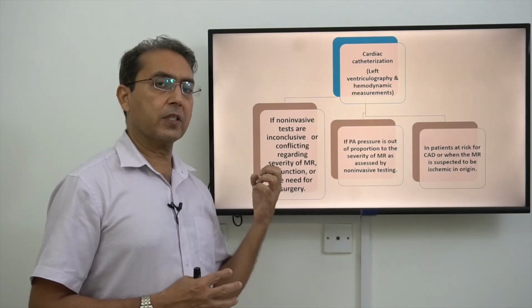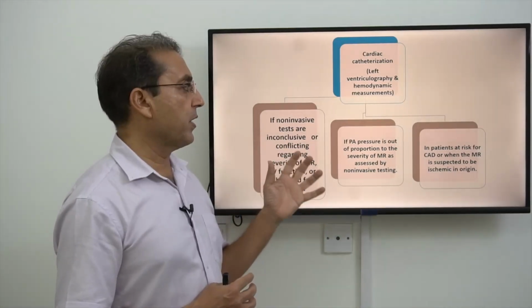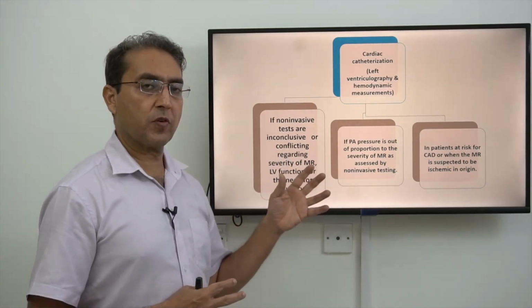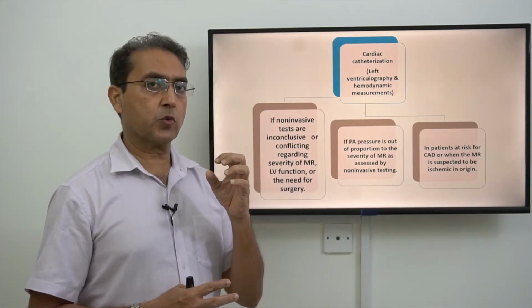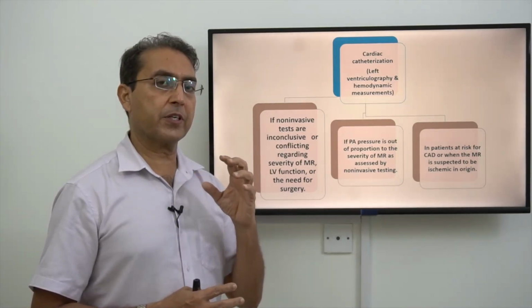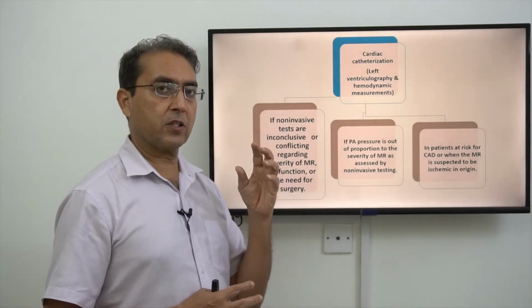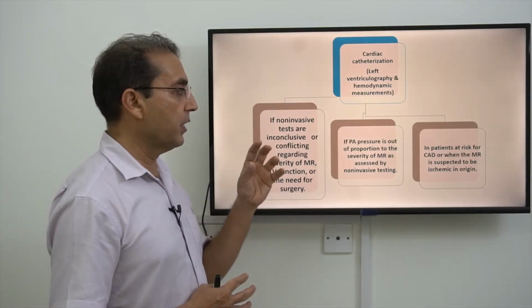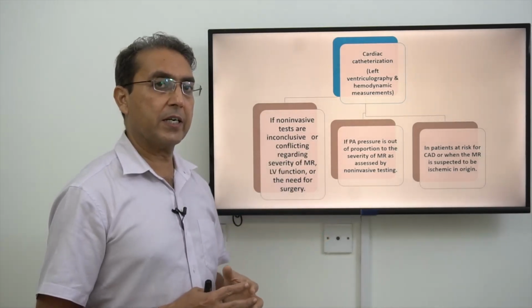In those cases, we can go for cardiac catheterization. Similarly, if the pulmonary artery pressure is out of proportion to the severity of MR, if echo tells us the MR is not severe but the pulmonary artery pressure is very high, in that case we need to do cardiac catheterization to see whether it is really the mitral regurgitation causing pulmonary hypertension, or there is some additional factor.